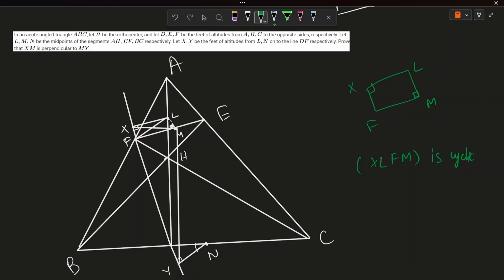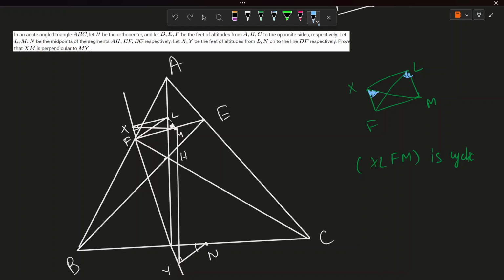And now let us join the chords. Let me first erase the perpendicular angles here. Notice that, let me draw in another color. So this angle will become equal to this angle.